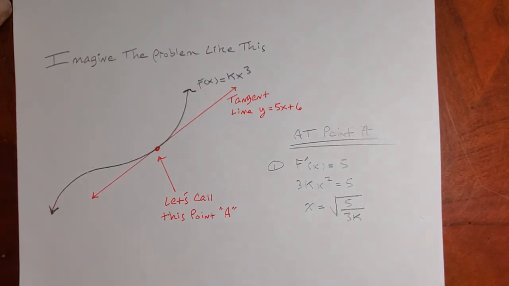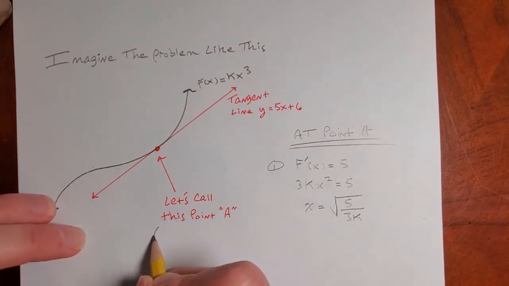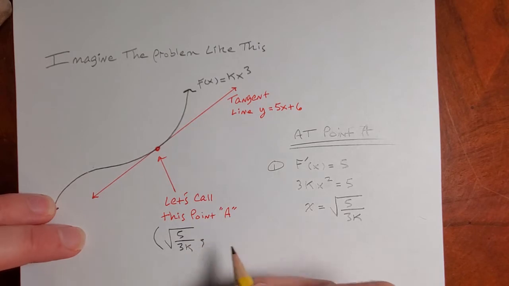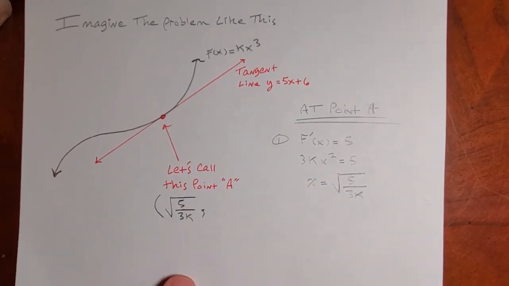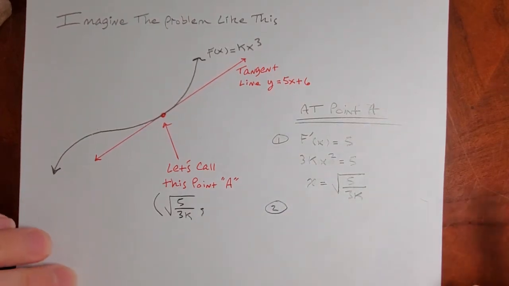All right, so now I know something. Point A has an x-coordinate of root 5 over 3k. And it has a y-coordinate too, but I haven't found that yet. But it does have one, right? I mean, all points do. All right, so how would we find the y-coordinate? Well, how about this?